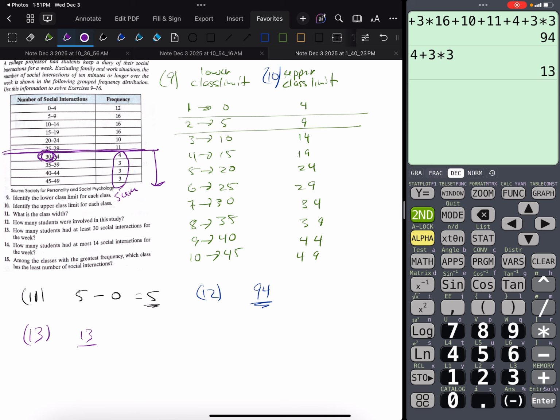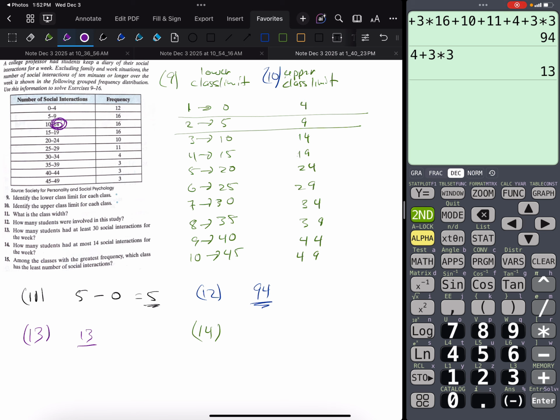Okay, and all right, so 14. They're still being clever, because for question 14, they're asking how many students had at most 14 social interactions. All right, so we'll erase that off of the board that we're working with. And now I want to find how many had at most 14. Well, there's my 14.